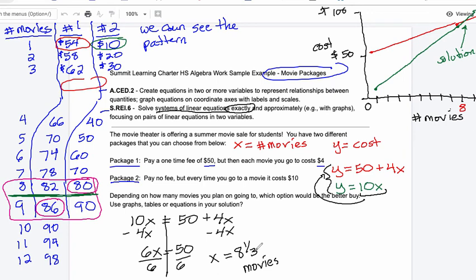So if I know x is 8 1/3, I can go back to my equation. Let's use the bottom one. And it says my y value, the cost, is equal to 10 times x. So 10 times 8 1/3 is going to be 80, plus 10 times 1/3 will be 83.3.